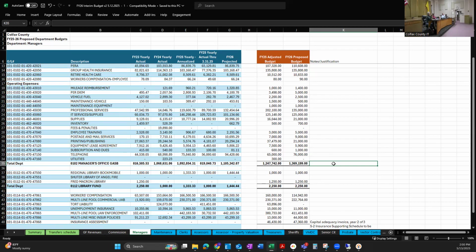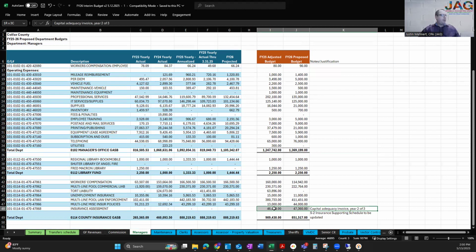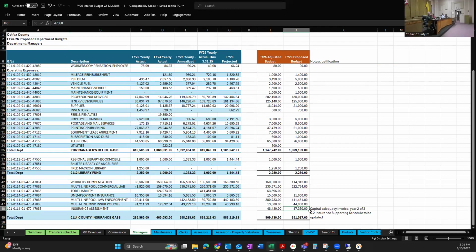That went up. Have we factored in future costs of insurance from New Mexico Counties? Yes, I do have the capital adequacy invoice, the exact amount, on this line item for insurance assessment. That was just the assessment.